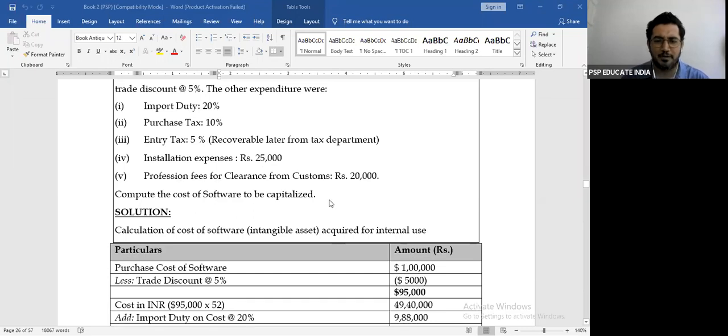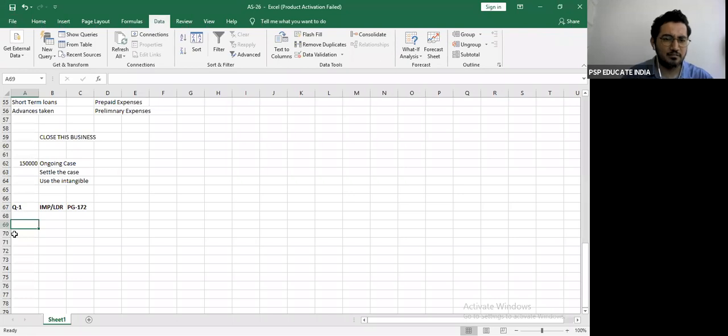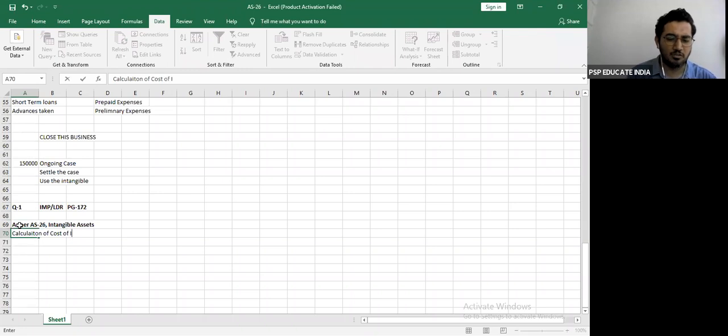So put your first statement: as per accounting standard 26, intangible assets.